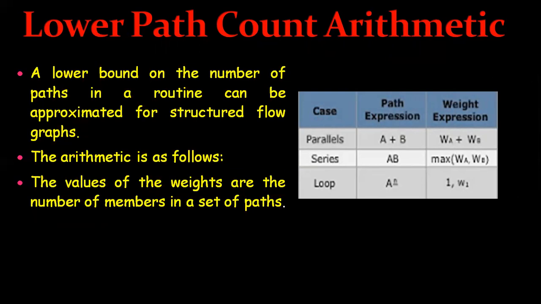If it is serial, we take the maximum of their path weights. And if it is a loop, it is either 1 or W1. In this arithmetic, which is ordinary algebra, the weight is the number of paths in each set. By applying the arithmetic to the earlier example, we will get identical steps.